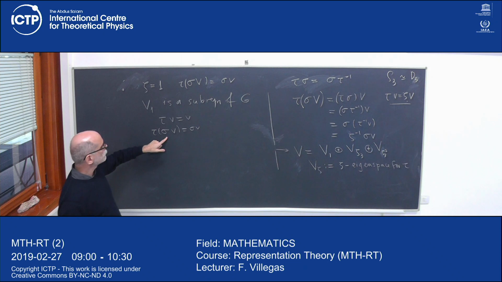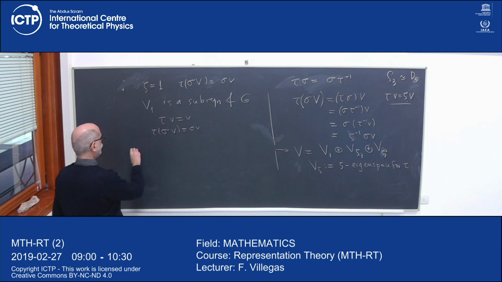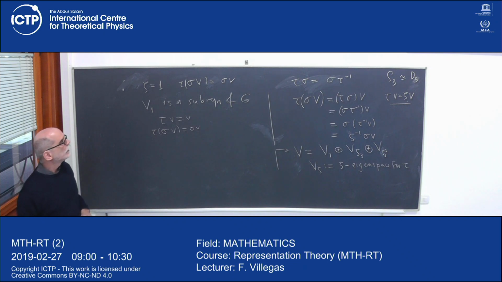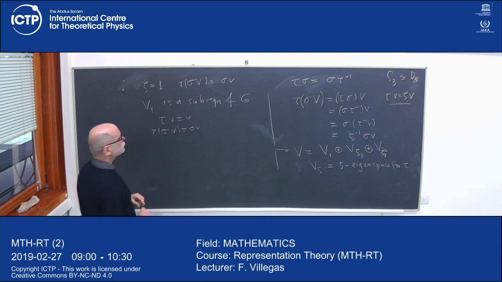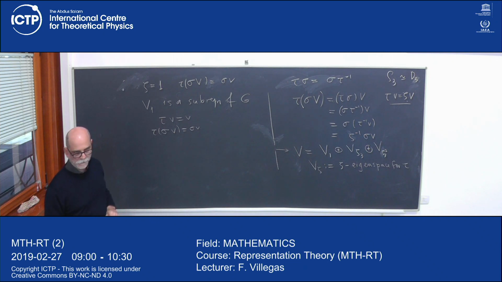And this argument says that sigma V also stays in the same subspace. So now we have a sub-representation of V where tau acts trivially.